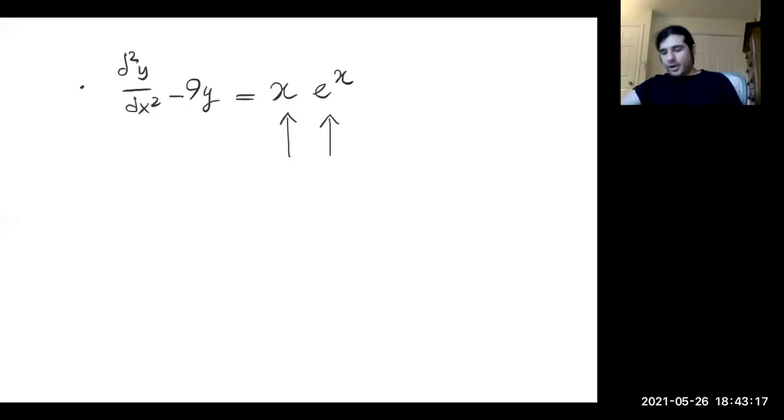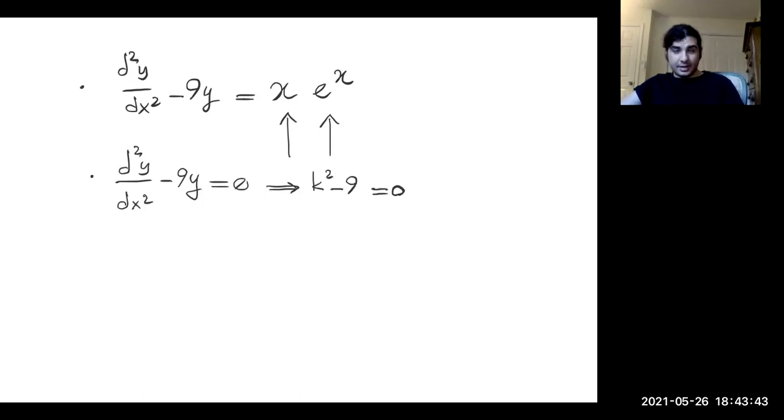Okay, let's see. Again, we would start with the homogeneous one. The homogeneous equation is d squared y dx squared minus 9y equals 0. And the characteristic polynomial would be k squared minus 9 equals 0.